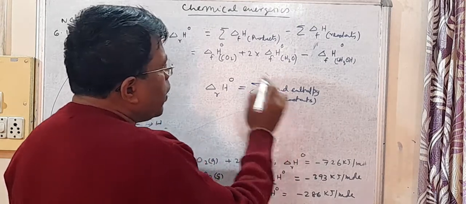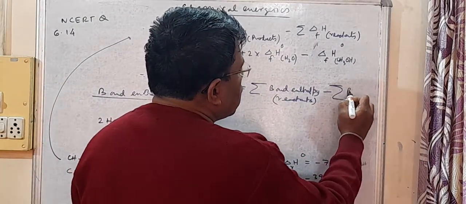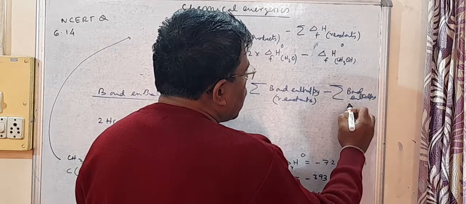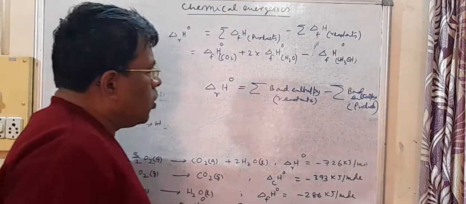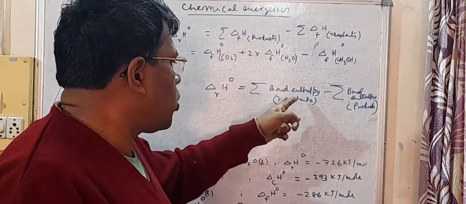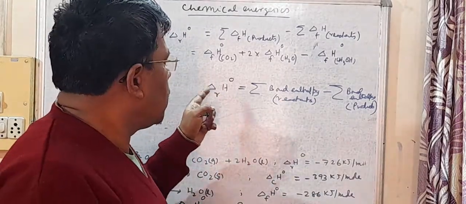Here we have to write reactants first, then minus the bond enthalpy of products. So using this relation, using this bond enthalpy data, we can find out the standard enthalpy of reaction.